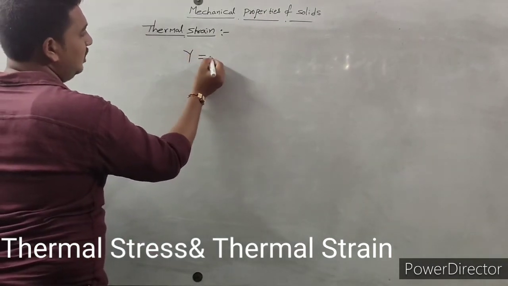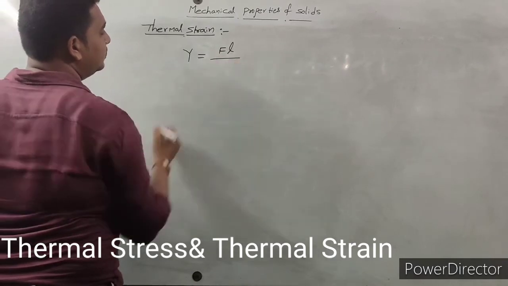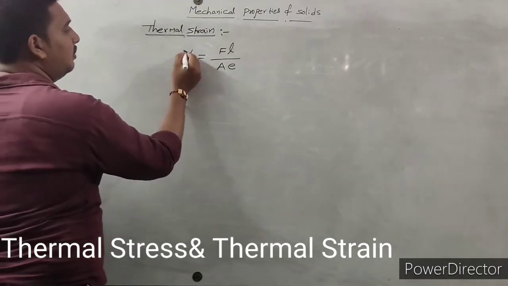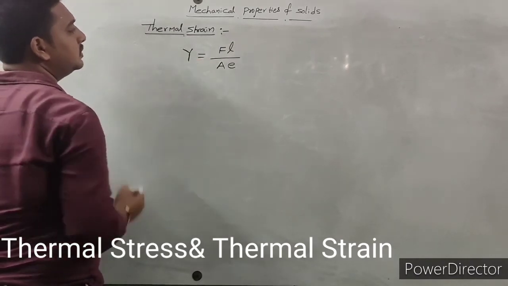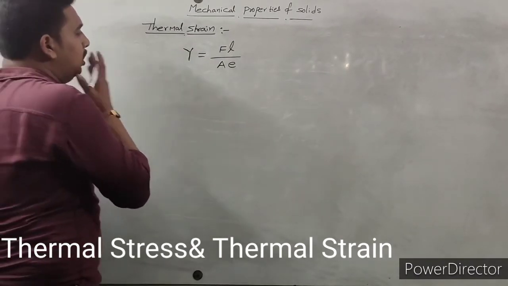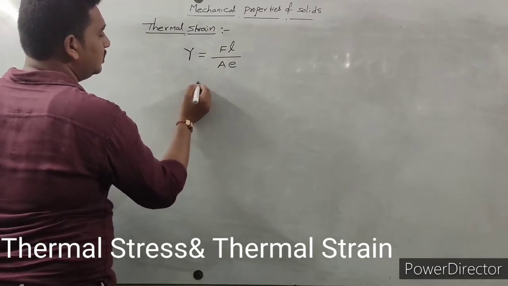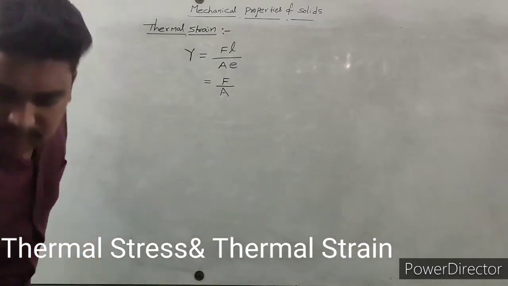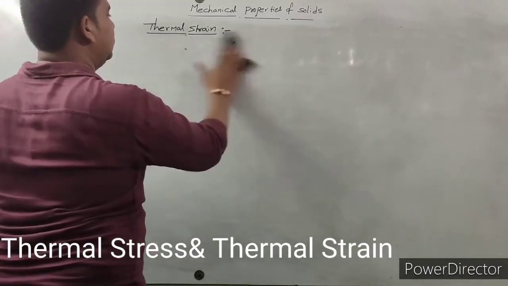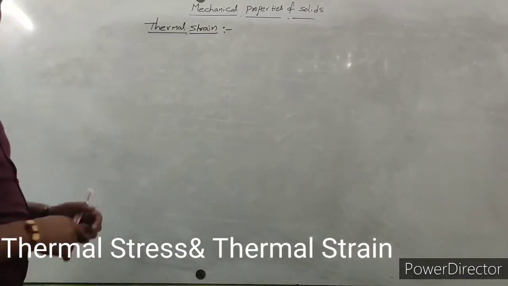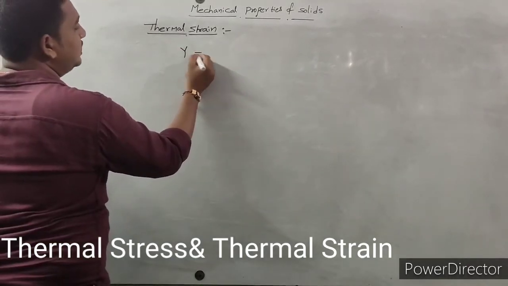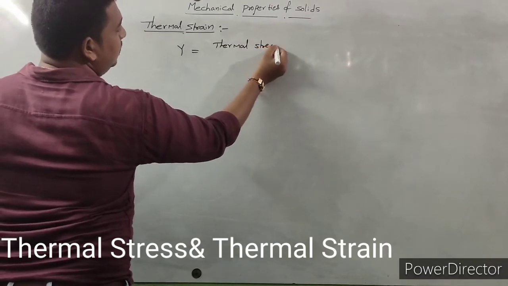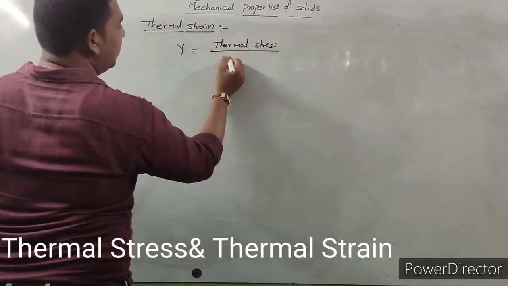Young's modulus is equal to FL by A E. Otherwise you can write Young's modulus is equal to thermal stress by thermal strain.